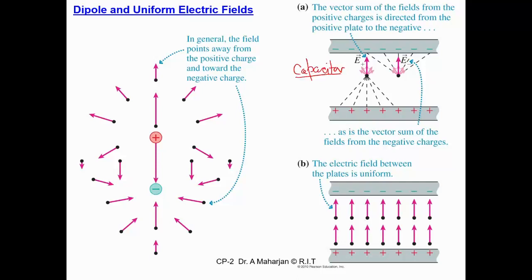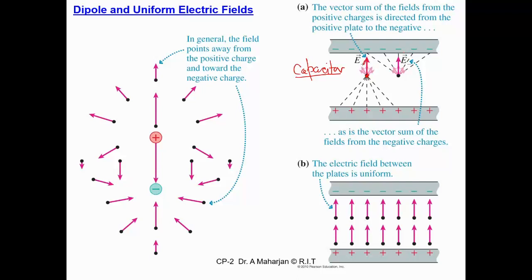So why is the electric field within the capacitor uniform? Uniform means parallel. Because you have an infinitely large number of positive charges here, and an infinitely large number of negative charges here. At each point, the net electric field due to all these charges will be like this. The vector sum, you have many electric fields, but the resultant field will be like this.